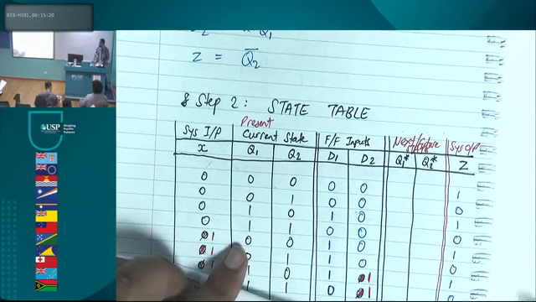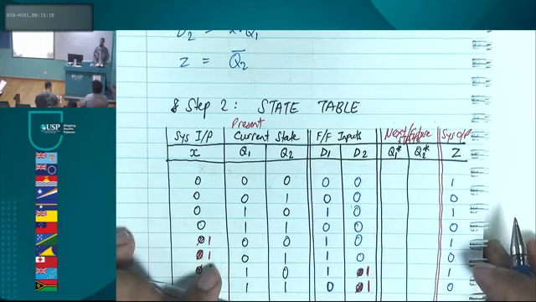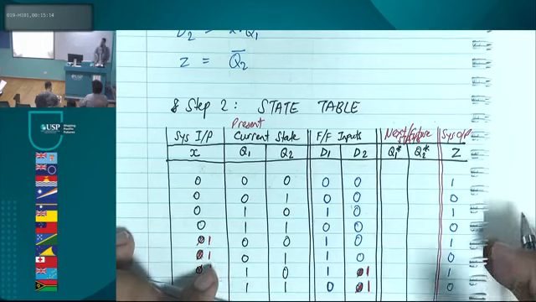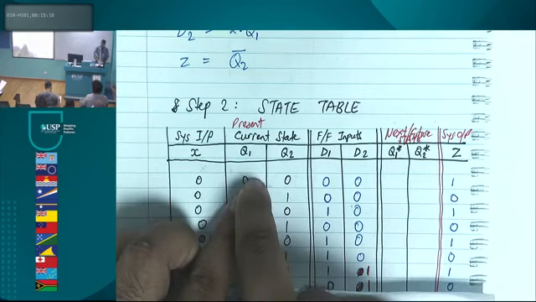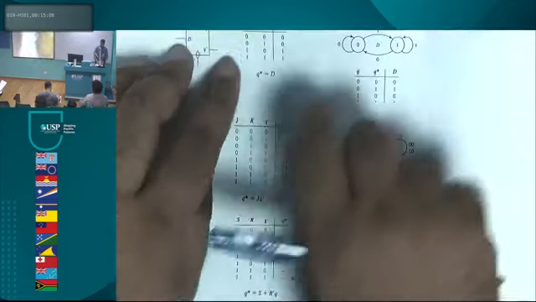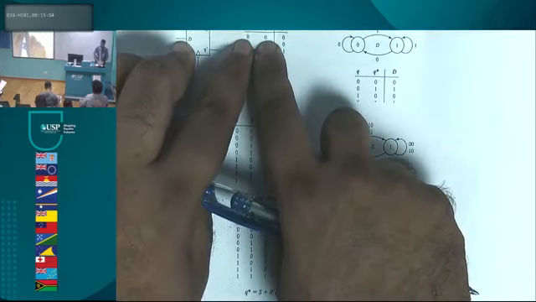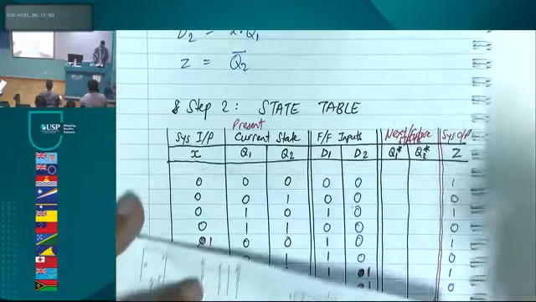Q1 star is the next state of flip-flop D1. You have Q1 as 0 and D1 as 0. So come here. Q is 0, D1 is 0, Q star will be 0.